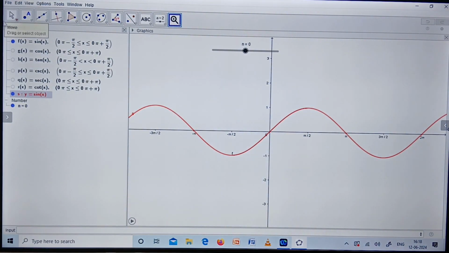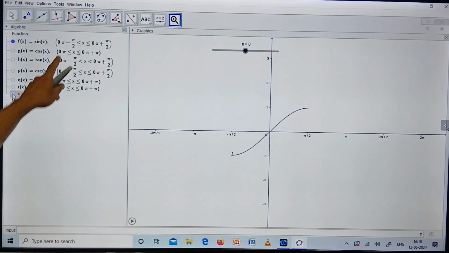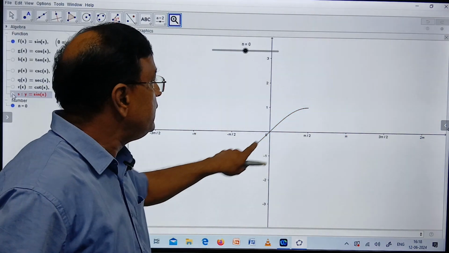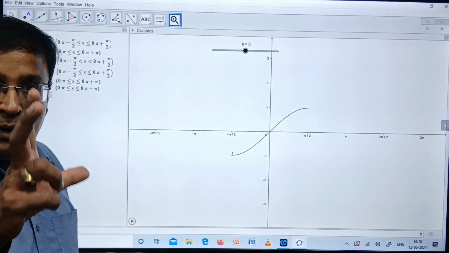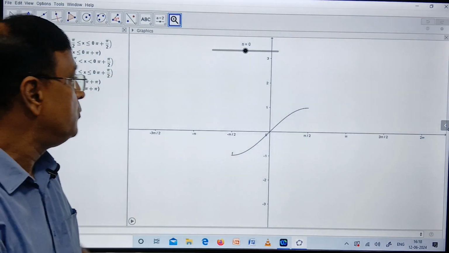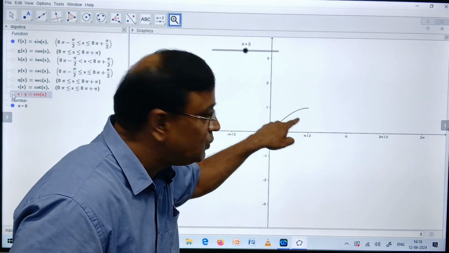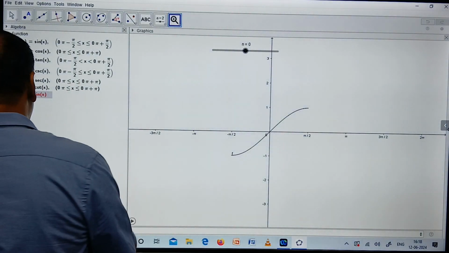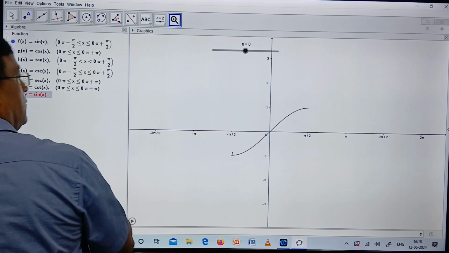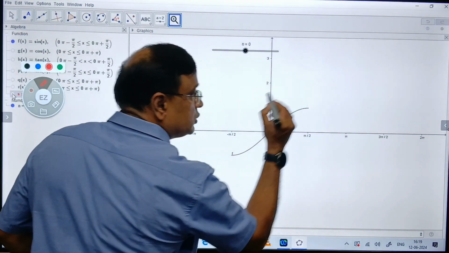So let me hide the sine. Now I have only sine x defined from minus pi by 2 to pi by 2. In this piece, you see the function is 1 to 1, correct? Let me write that. From here to here, the function is 1 to 1.